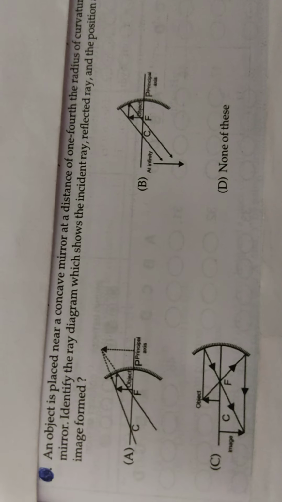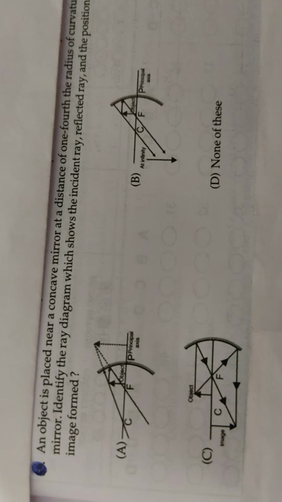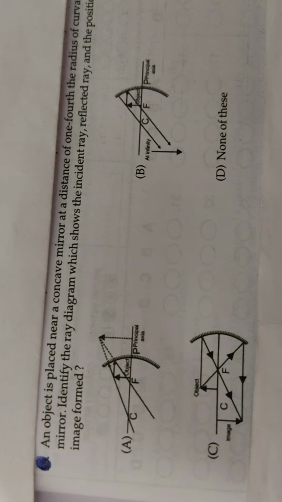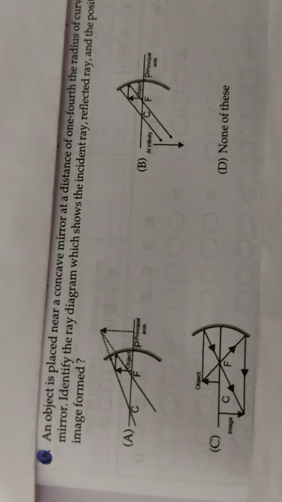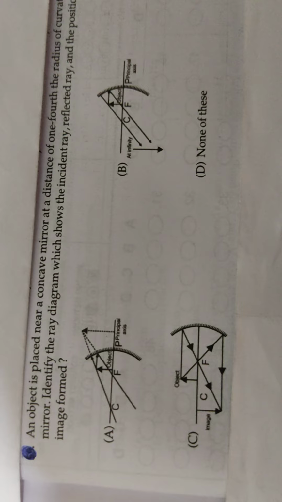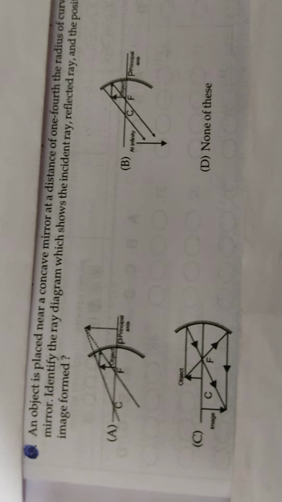Focal length is half of the radius of curvature. 1/4 means the object is lying midway between focus and pole of the mirror. In this case, a virtual, erect and magnified image is formed by a concave mirror.